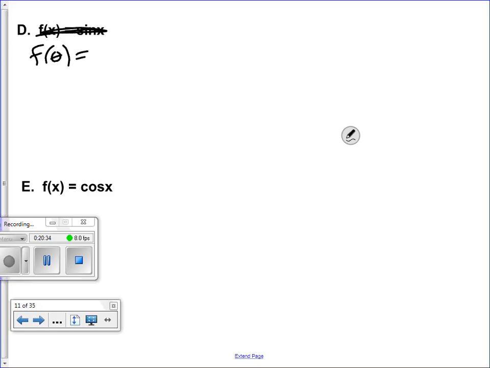I basically want to know if the sine function is odd or even. So always, first thing we do is we substitute in negative theta for theta. You just want to see what that's going to look like. You replace the theta with a negative theta on both sides. Then normally we clean it up.